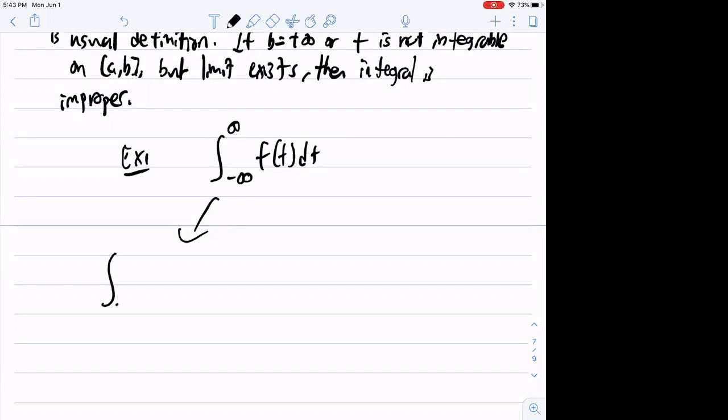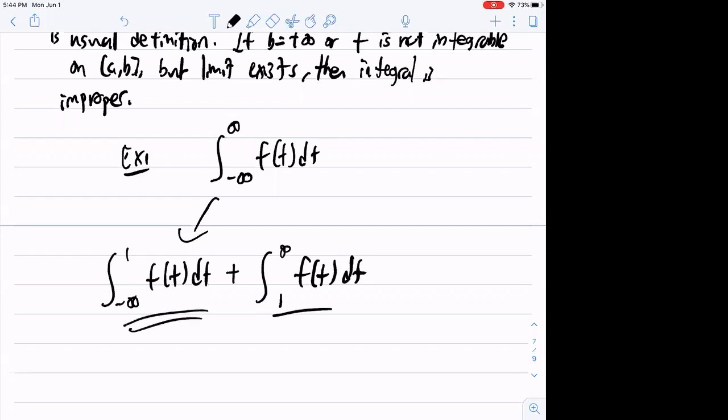If it's defined at 1, for example, then you split it there. Of course, the limit is undefined if you have infinity minus infinity and so on. And it exists if each of these exists.